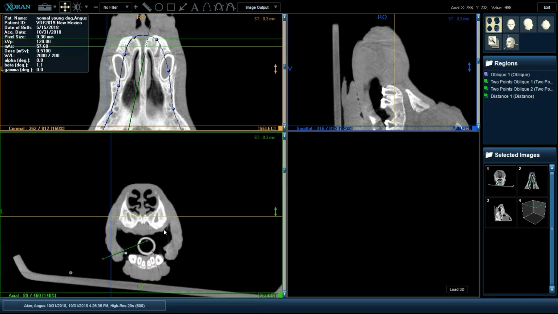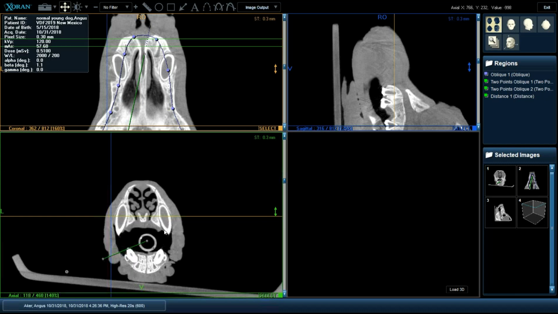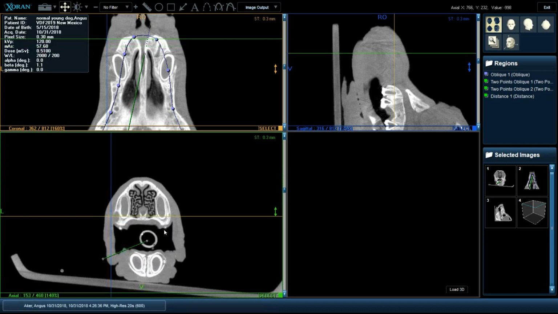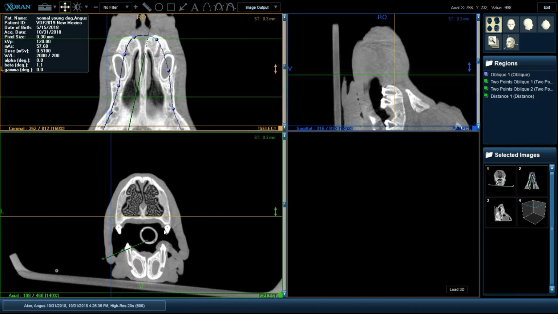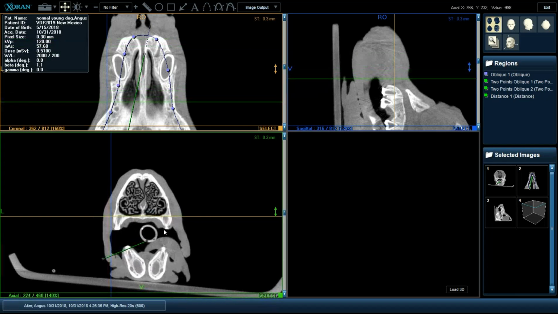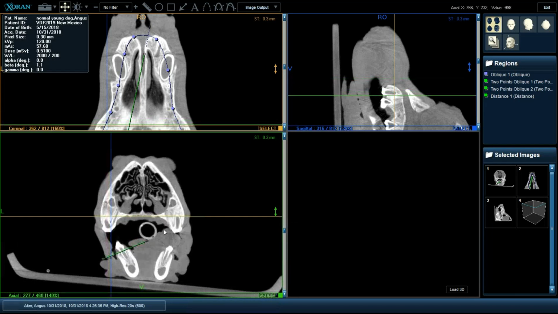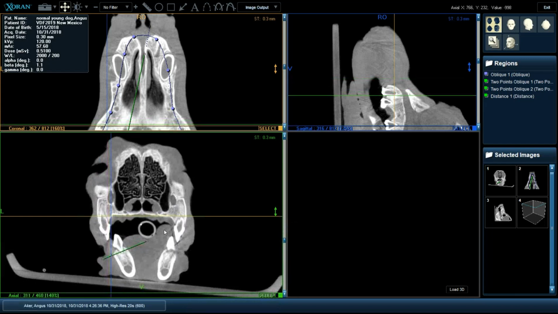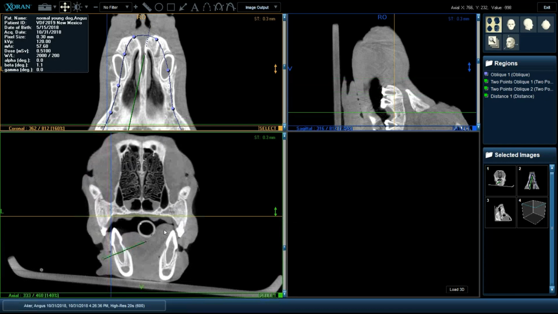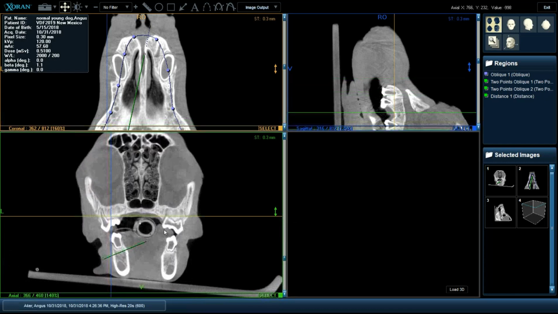We can scroll through the anatomy from the front to the back. And once you're used to looking at this, this is a quick and relatively efficient way to identify disease in a quick manner at first.